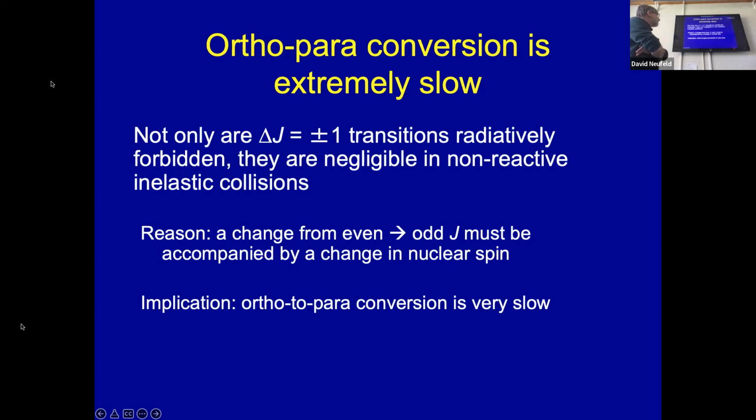So basically all these elastic collisions or the radiation that might go on will not convert ortho and para H2. And the reason collisions are so ineffective is if you wanted to convert from ortho to para H2 or vice versa, you'd have to do two things at the same time. You'd have to change the rotation of the molecule in the collision and change the nuclear spins, which are on a completely different scale. So the implication is that ortho to para conversion is very slow.